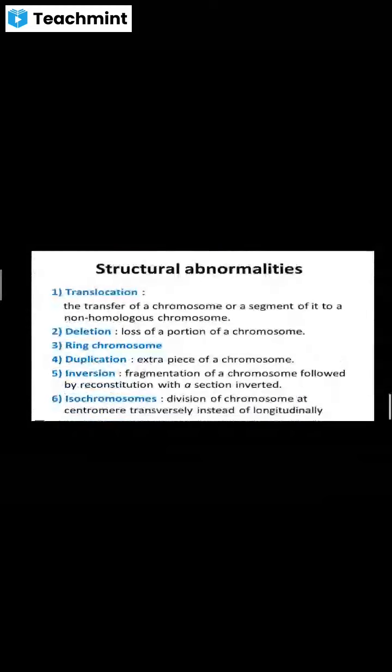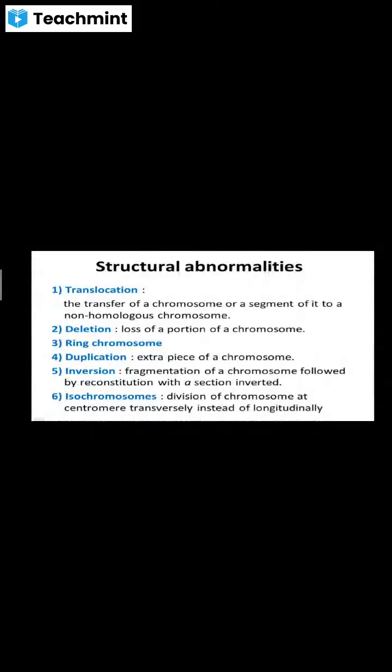In your syllabus, the focus is on structural abnormality. Structural abnormalities may take place due to translocation, which means the transfer of a chromosomal segment. In deletion, there is loss of a portion of the segment, so variations ultimately take place.